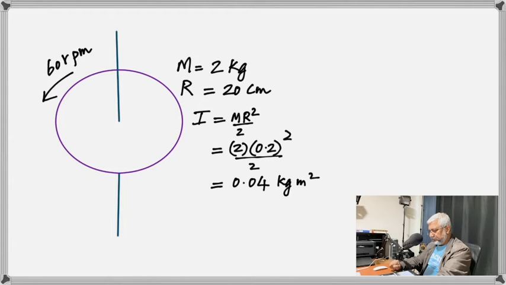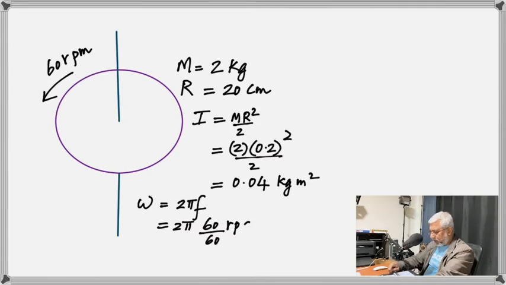Okay, let's first find the angular velocity. Angular speed is 2 pi times frequency. Now, frequency is the number of rotations per second. So 60 rotations per minute divided by 60 to get the rotations per second, which is what I'm doing.